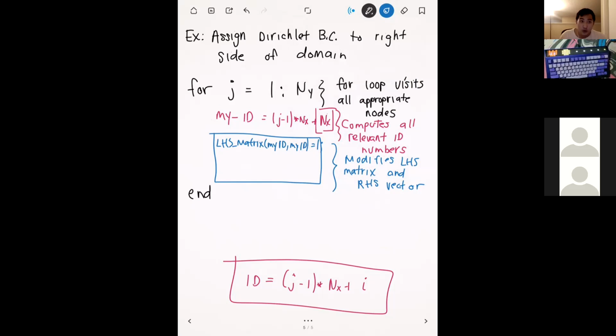And remember, everything else is starting out at 0, so we don't need to set everything else. And then the other thing we do for the Dirichlet boundary condition is that on the right-hand side vector, we insert in what that Dirichlet value is. And so in this case, the Dirichlet value is 50, and so we're going to put 50 into the right-hand side vector.